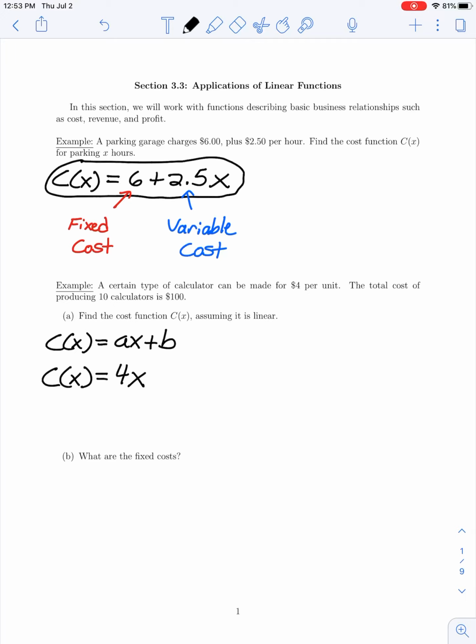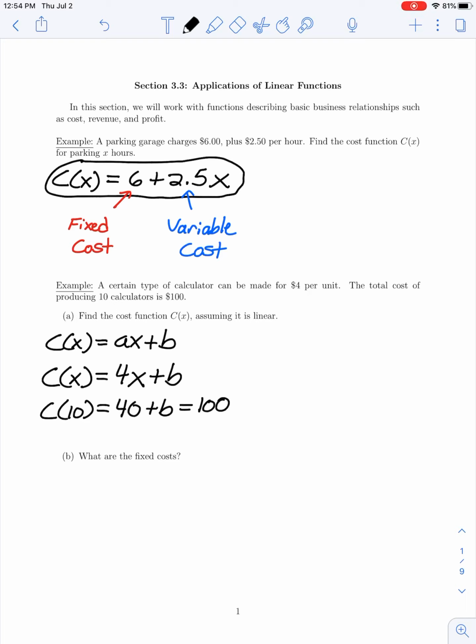So we still need to determine the value of b. That is our fixed cost. And in the problem statement, we're told that the total cost of producing 10 calculators is $100. So if we were to evaluate this function at x equals 10, that is when we're producing 10 calculators, we would have 40 plus b, and we're told that that total cost is $100.